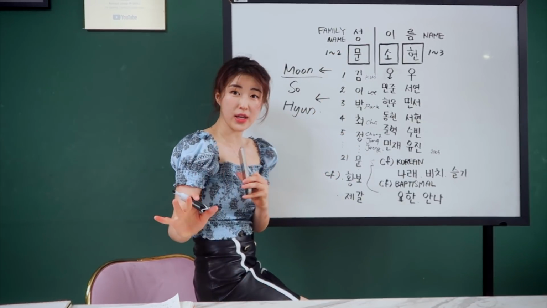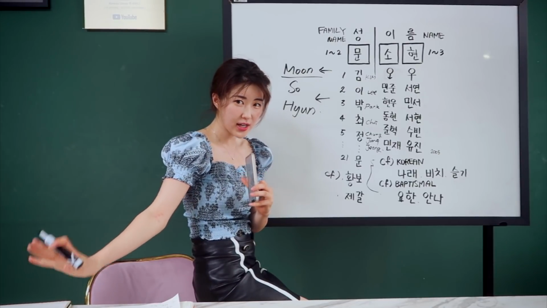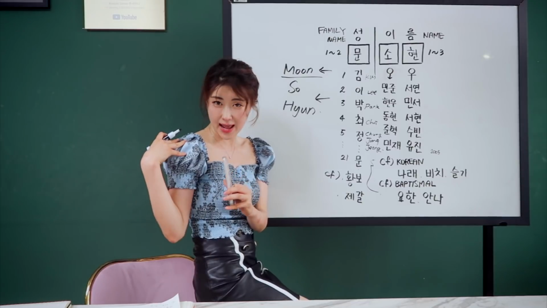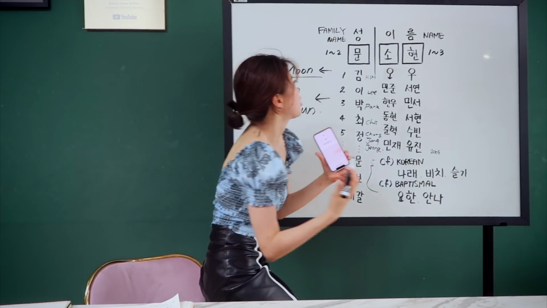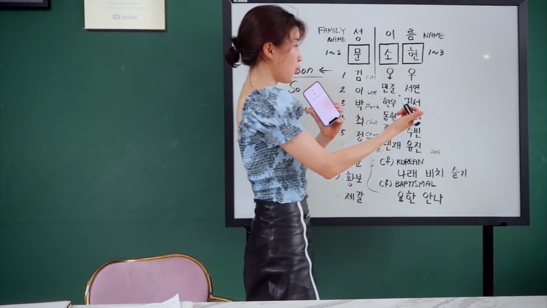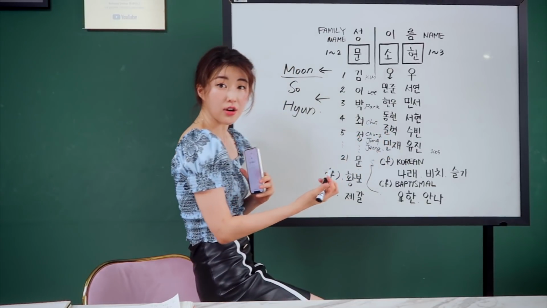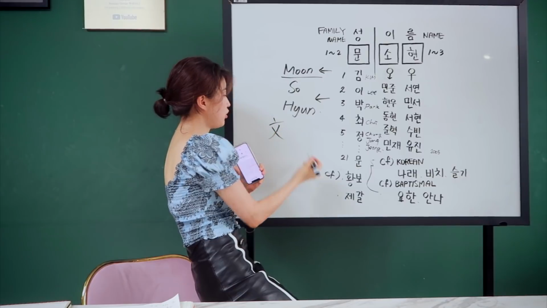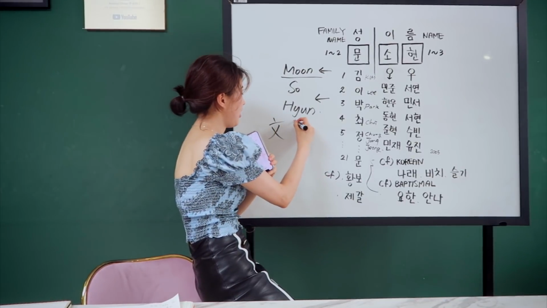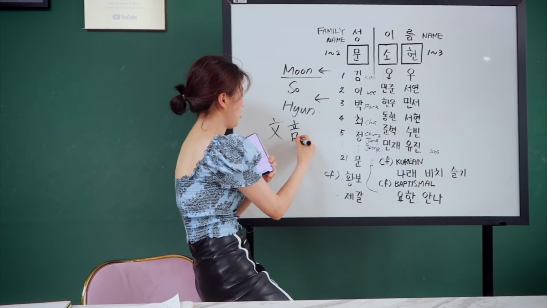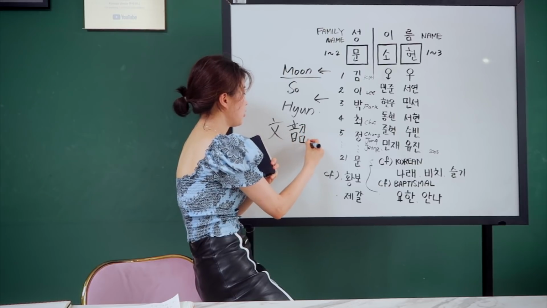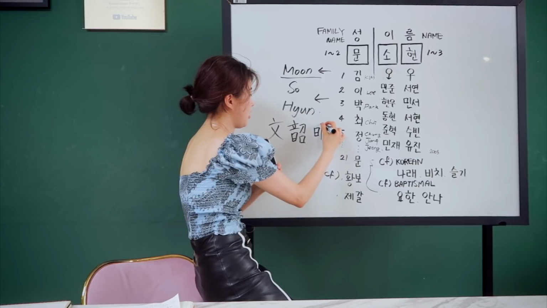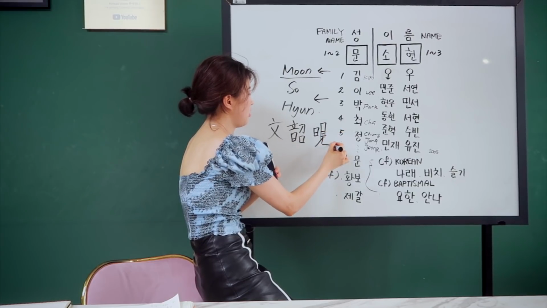So even Koreans who don't know any Chinese characters, most of the time they know how to write their own names in Chinese characters. So for example, my name, 문소현, in Chinese characters is Moon, 소, and Hyun.